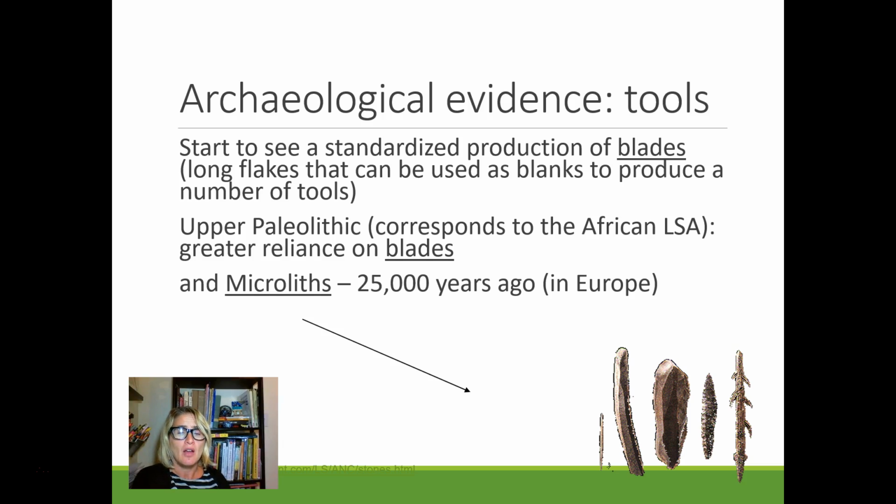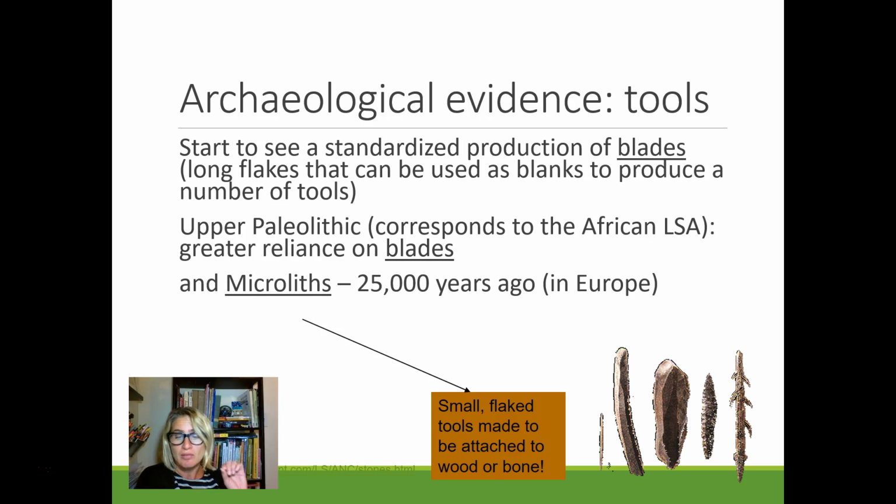So this is that Upper Paleolithic period in terms of stone tools. And those microliths are small flake tools that are made to be attached to wood or bone. So these microliths are probably what you think of when you're thinking of an arrowhead, for example.